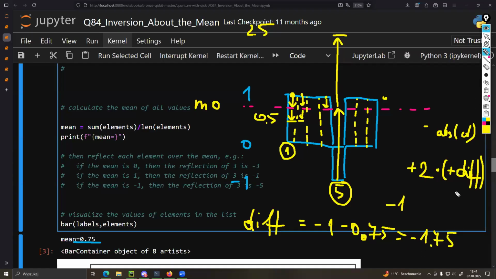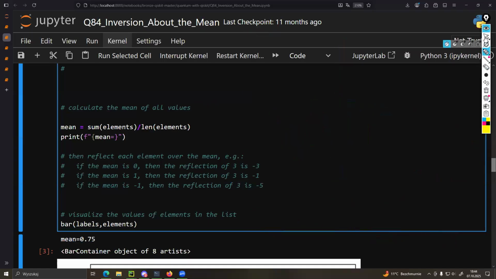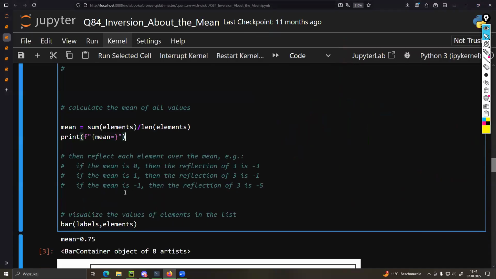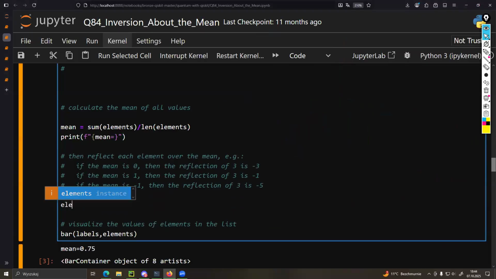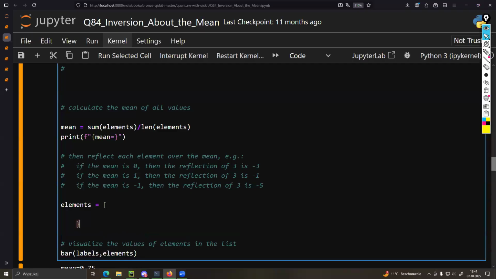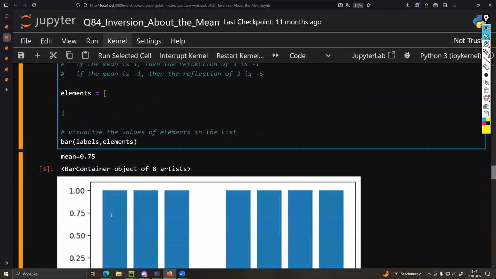So after the reflection, and we will actually calculate this right now. So elements will equal to, oh, will equal to what?